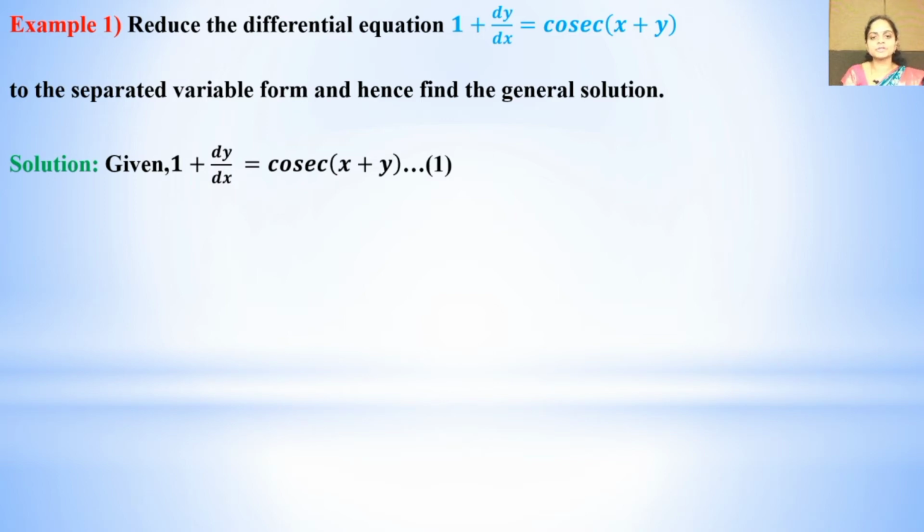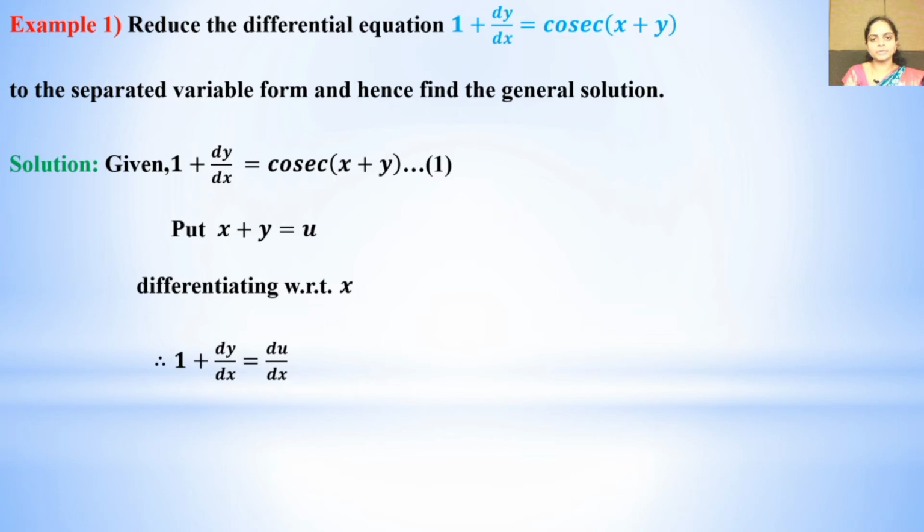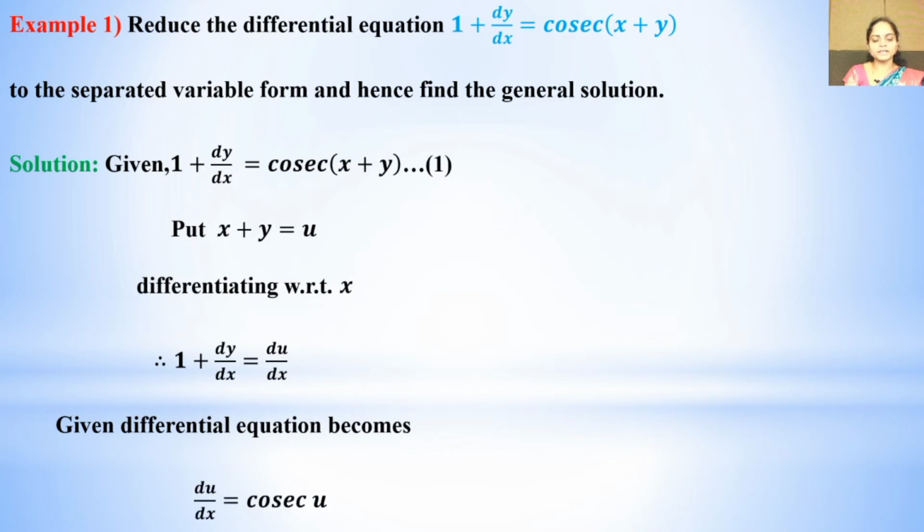So, we use the substitution method here. Put x plus y is equal to u. On differentiating with respect to x, derivative of x is 1 plus derivative of y is dy by dx is equal to derivative of u is du by dx. Therefore, the given differential equation becomes du by dx is equal to cosec u.